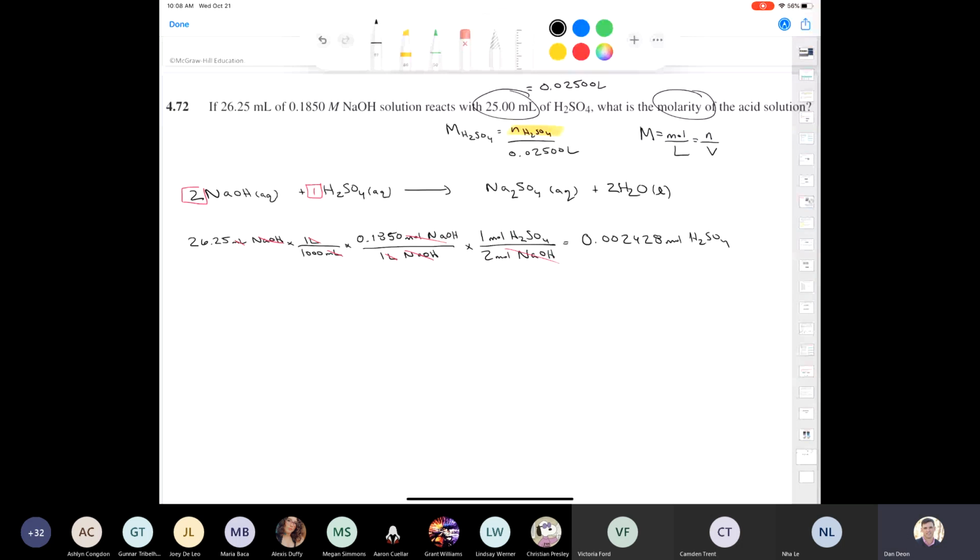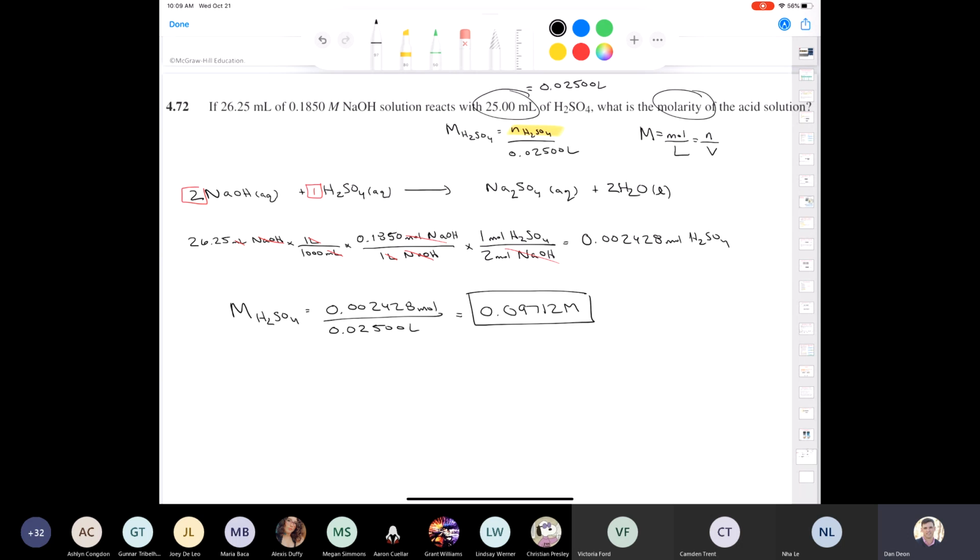So when we want to calculate the molarity of our H2SO4, it's going to be equal to 0.002428 moles divided by 0.02500 liters. When we divide that, we get the concentration of our sulfuric acid, which is 0.09712 molar, like that. Again, nothing more than multiplication and division.